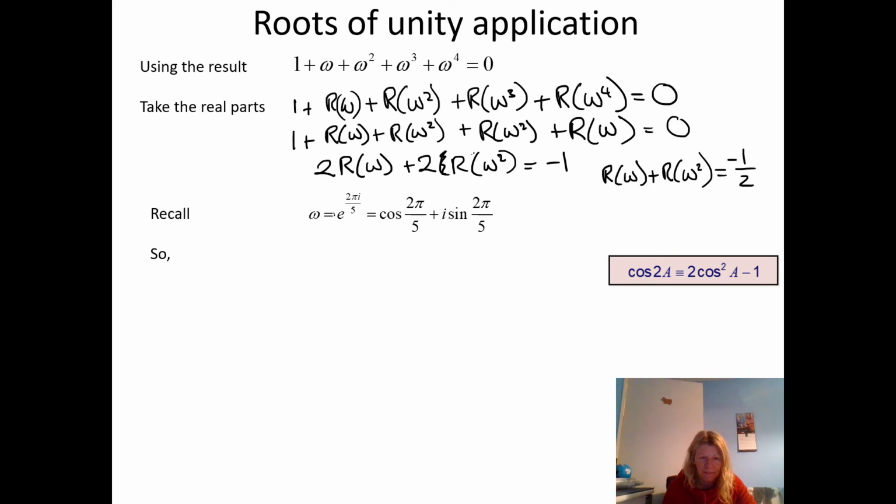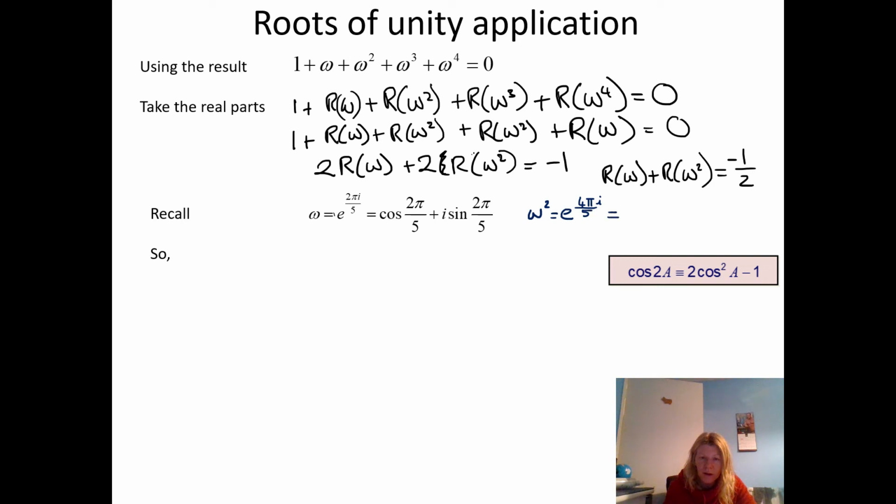Omega to the 2 will equal e to the, we'd have to put 2 in as a k, so 2 times 2 is 4, so that's actually 4 pi i over 5.